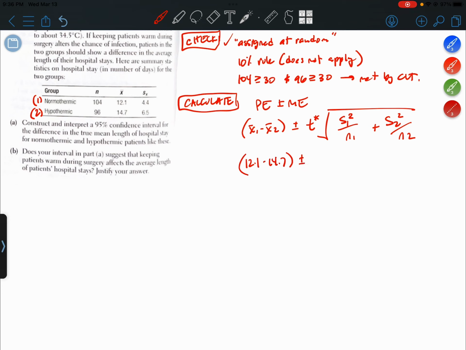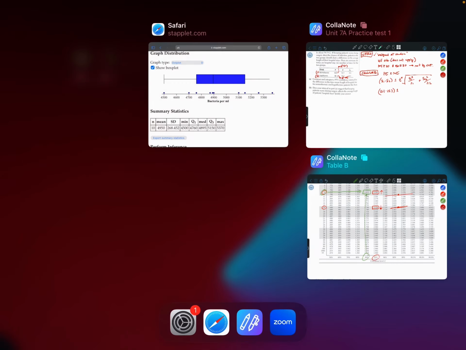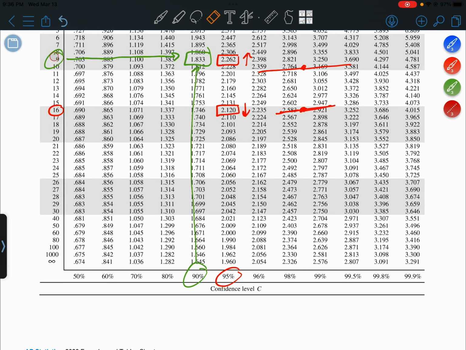Okay, now we have two groups, so there's two potential degrees of freedom. We could have degrees of freedom 103, or we could have degrees of freedom 95. Okay, the rule of thumb, if you're doing this conservative approach, is to use the smaller degrees of freedom, 95. Okay, so let's erase all this. Okay, so I think our confidence level was 95%.